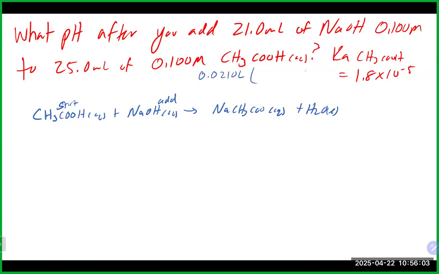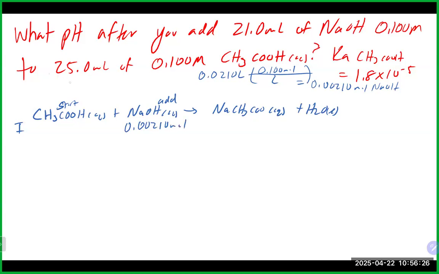So we'll go 0.021 liters times our 0.1 moles per liter for our sodium hydroxide here. So 0.021 times 0.1 gets us 0.0021 moles for sodium hydroxide. So we'll add that there to our table. 0.0021 moles.